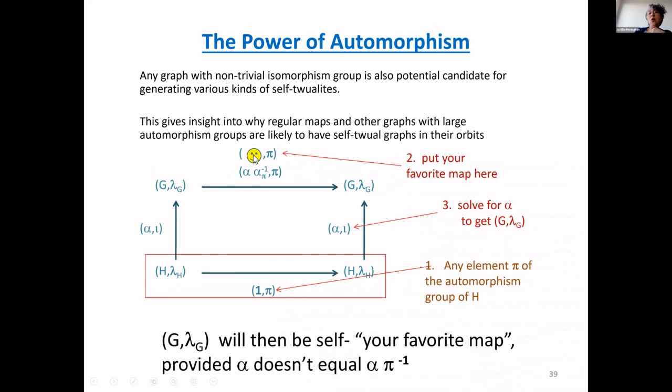You put the thing you want up here, yay, and solve for A. There's one restriction. You got to make sure that A doesn't have the wrong kind of symmetries. It doesn't interact with that automorphism group element in the wrong way, but that's pretty trivial. And so, yes, in general, you're going to get a lot of nice kinds of symmetries out of graphs with large automorphism groups.